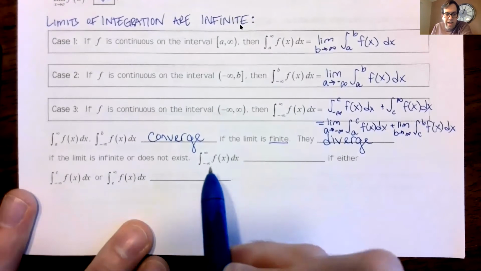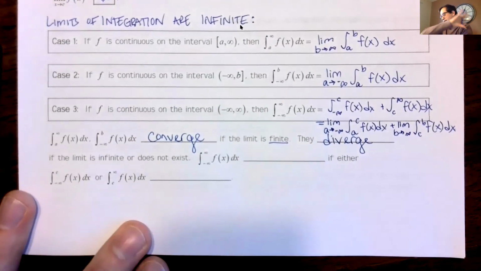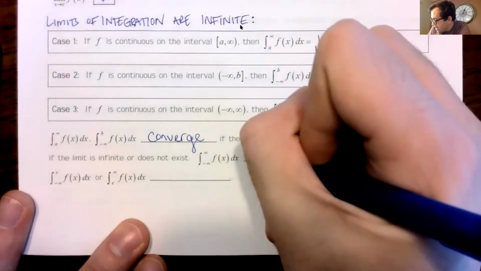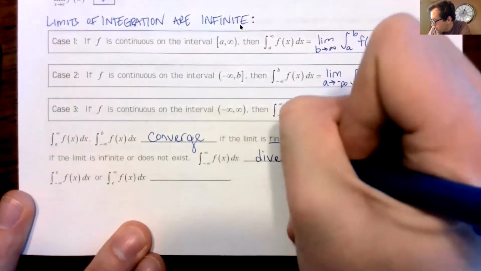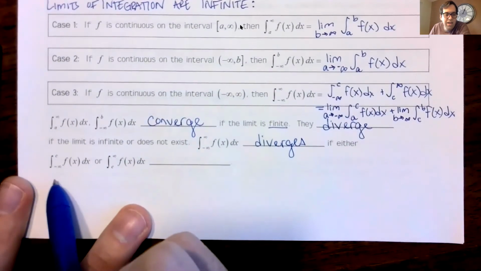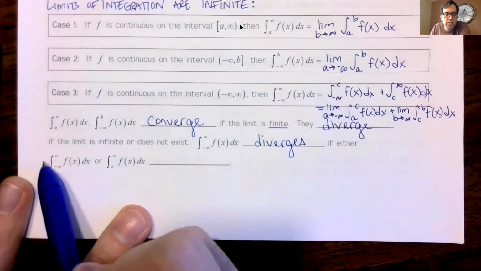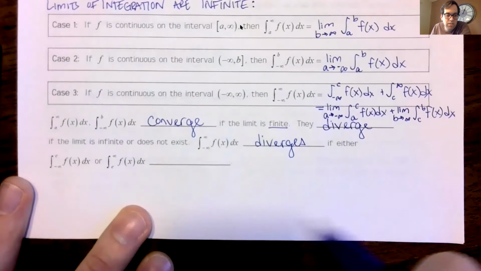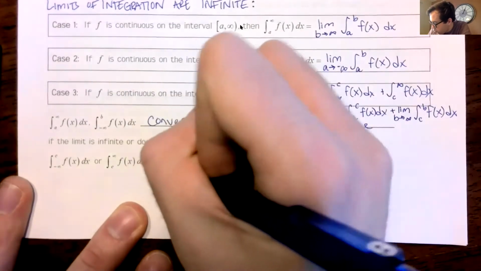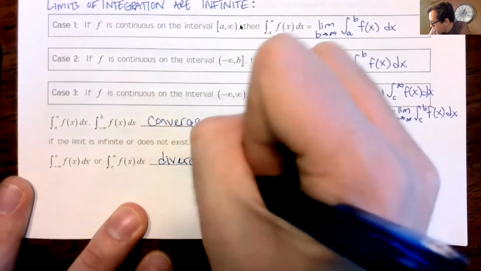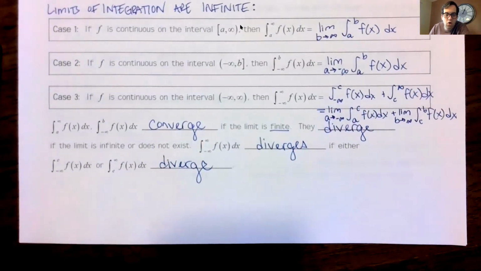The case 3, negative infinity to infinity: if we're finding the entire domain integral, it diverges if either the integral from negative infinity to some c that we pick, normally 0, or the integral from c to infinity diverges. So even if one of those diverges and the other one doesn't, overall, the final integral is going to diverge.